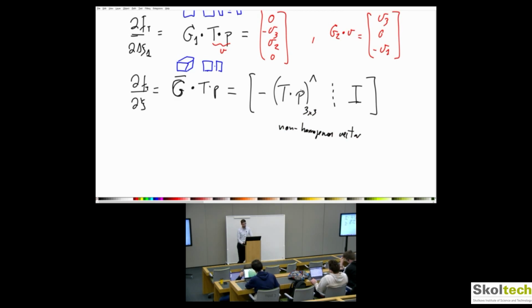Because remember that P, in this case, must be homogeneous, and here we do the multiplication, and whatever the result is, I forget about the fourth coordinate, and then I just do the skew-symmetric matrix, and this is the identity, 3 by 3, right? So this is a 3 by 6 matrix, right?